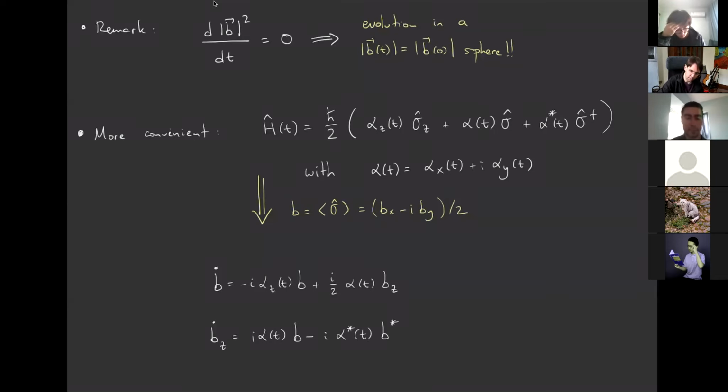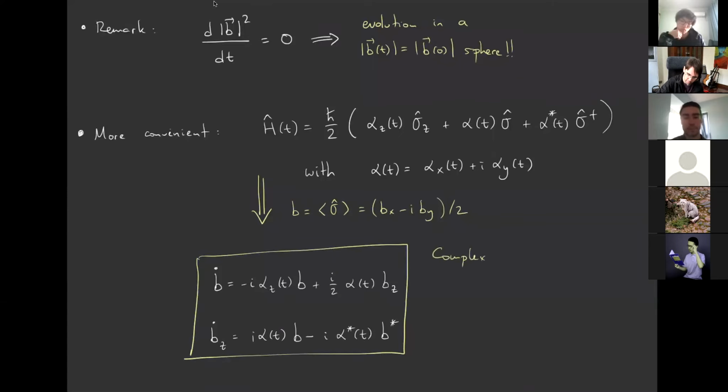Okay, so these equations here are known as the complex Bloch equations, but we will usually just call them Bloch equations. It's just another form of them. And it's very nice because you see that you have only two variables, B and B set.